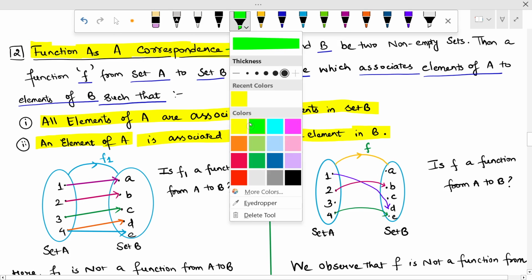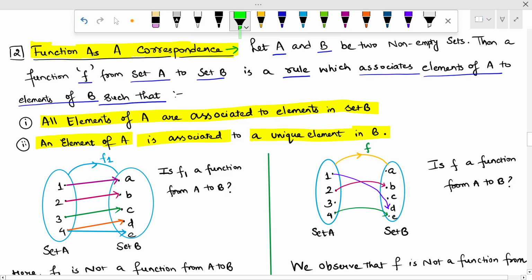Let's see this through an example. We have considered two sets. Suppose this is the set A, which contains 1, 2, 3 and 4, and we have considered another set B, which consists of a, b, c, d and e.